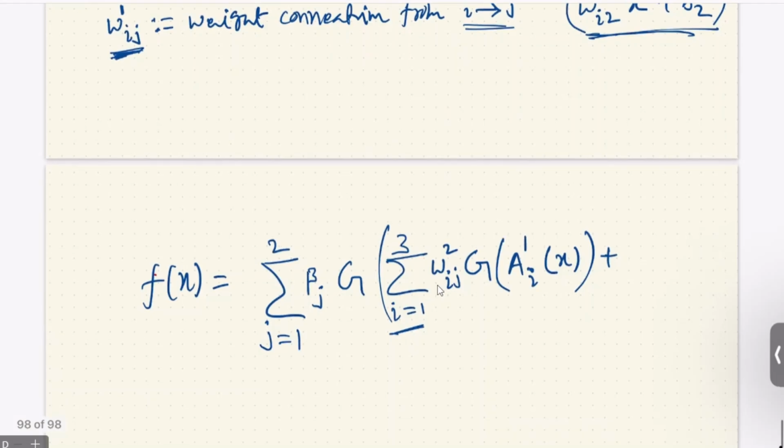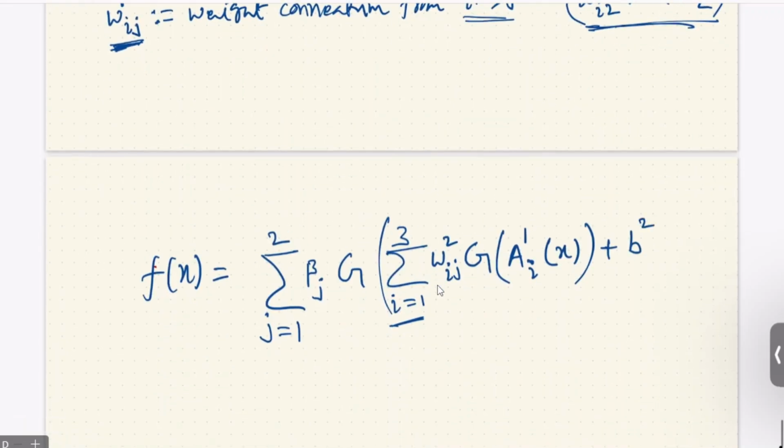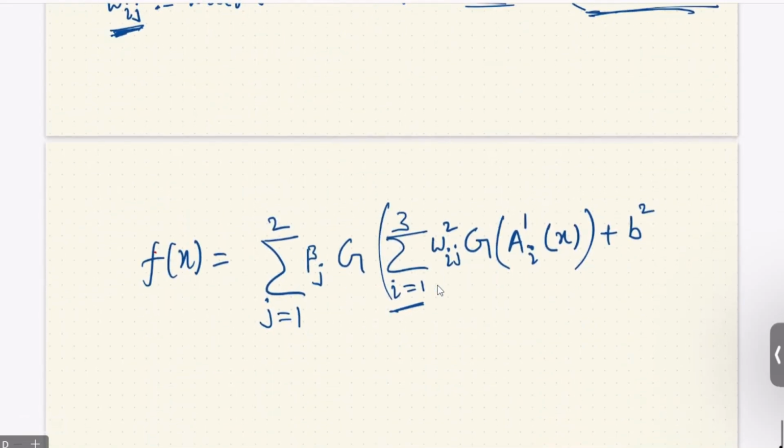So now, taking the indices into consideration, for the second layer, that is B2, how many are there? There are two such. B2, what index will come? B2i will come or B2j will come?